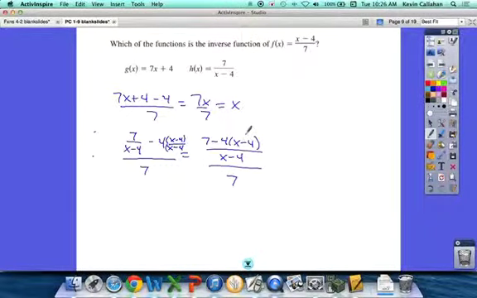This is going to be negative 4 times negative 4 is 16. 23 minus 4x. Does this thing look like it's going to simplify down to x? No, this does not equal x. So the inverse function has to be that one. And if you want, you could go the other way with it, right? You could put this in the place of that x. What would happen right away? 7 cancels with the 7, and then you'd have x minus 4 plus 4, and it simplifies.